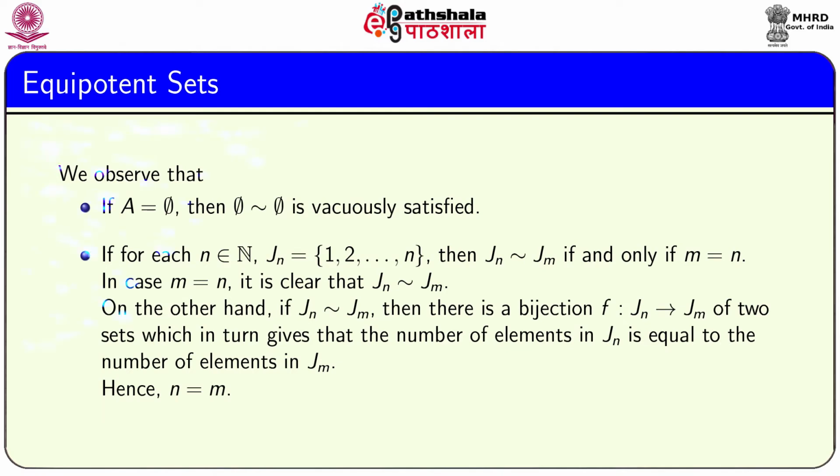On the other hand, if Jn is related to Jm, then there exists a bijection F from Jn to Jm, which in turn gives that the number of elements in Jn is equal to the number of elements in Jm. So, n is equal to m.